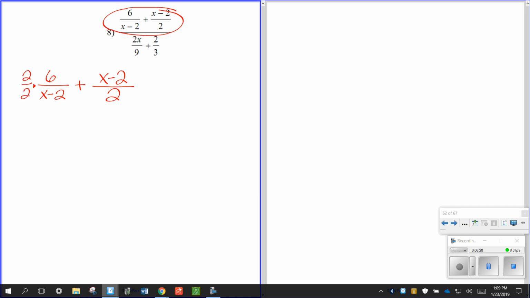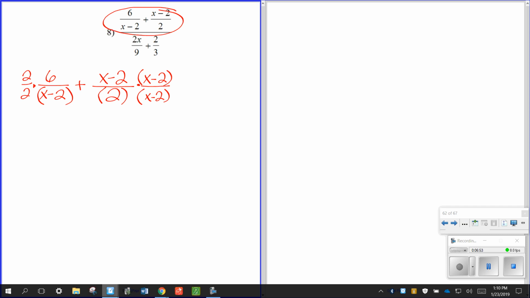So basically, the first fraction has a factor that the second one doesn't. We have to multiply by that factor, and vice versa. The x minus 2 didn't have the factor of 2, so we gave that to it. We multiply by 2 over 2. The 2 doesn't have the x minus 2 factor, so we multiply that one by x minus 2.